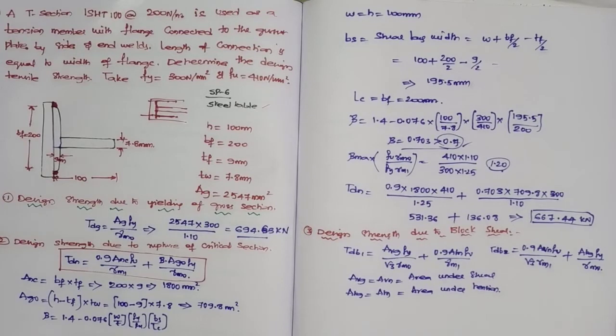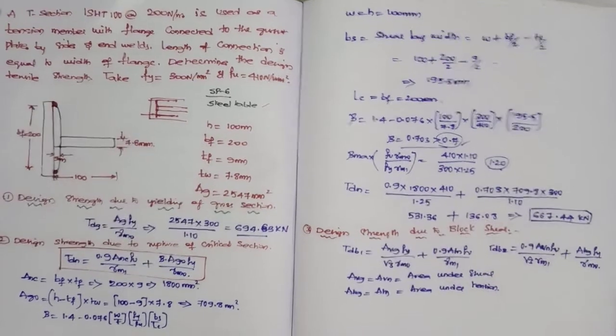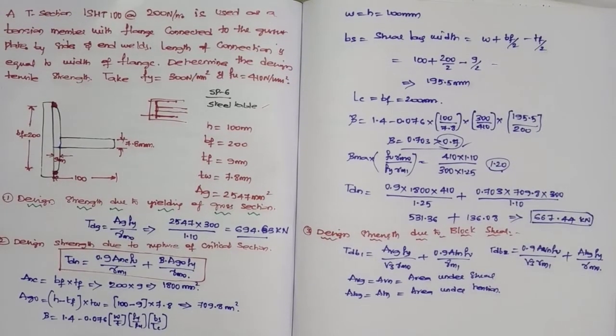Now which will be under shear? Based upon the pull applied parallel to the load applied, it will be under tension, right? Now the flange portion will be under tension.